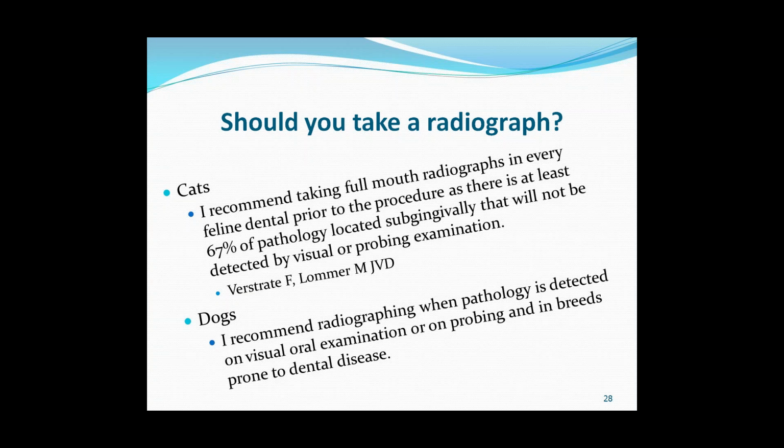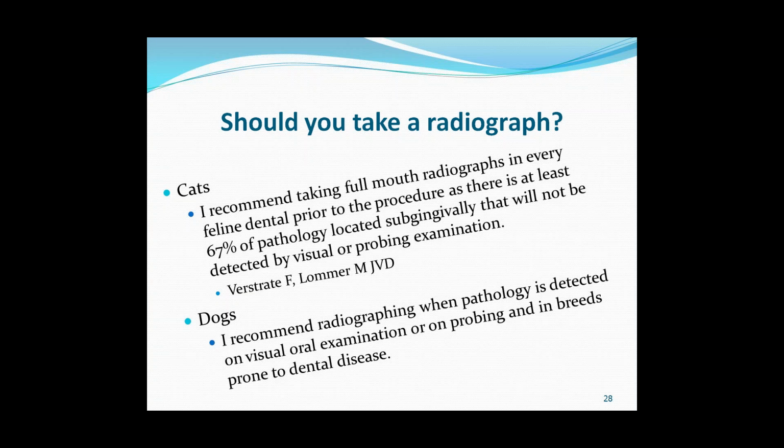There's been quite a number of papers published, especially in the Journal of Veterinary Dentistry by Frank Verstraete and his previous resident, Melinda Lommer, and they showed in one paper that at least 67% of pathology is located subgingivally in cats. So if you don't take radiographs, you're missing a lot of the subgingival pathology.